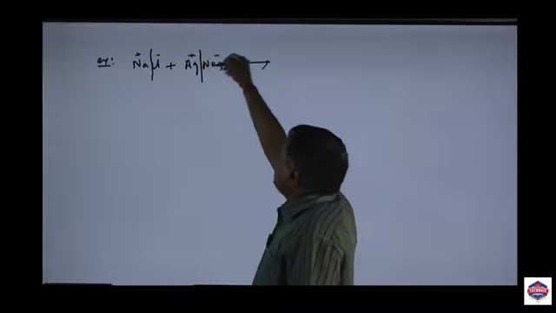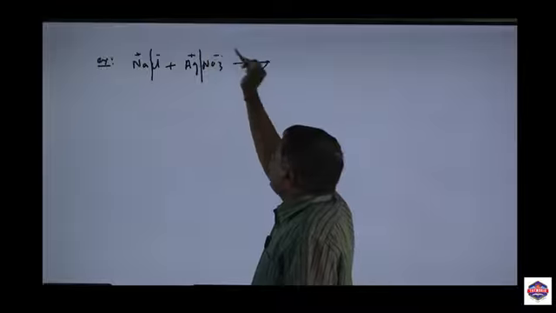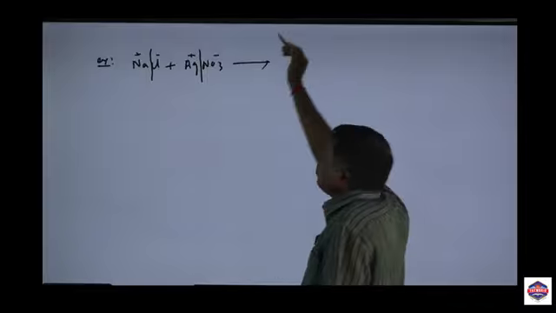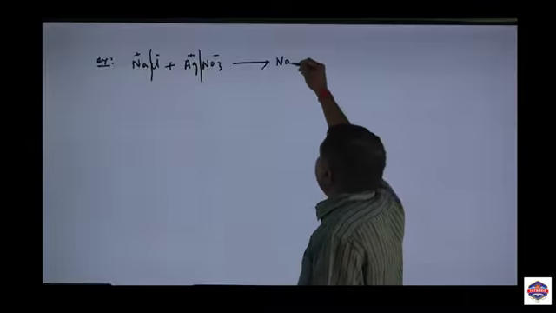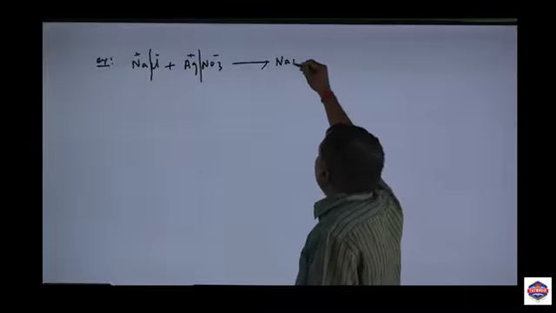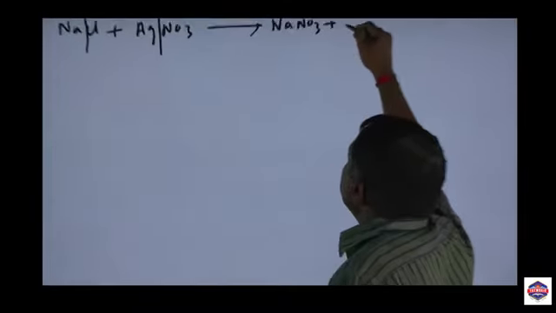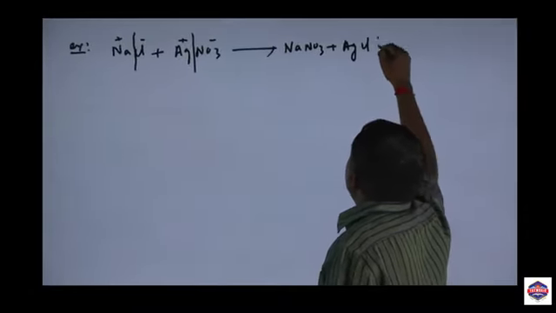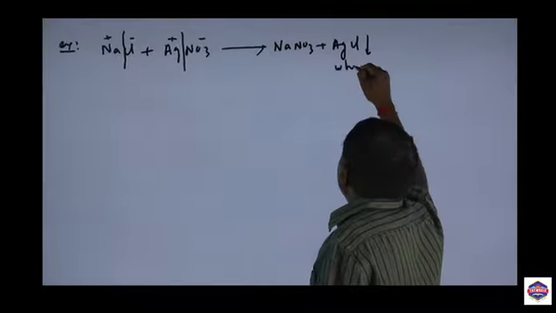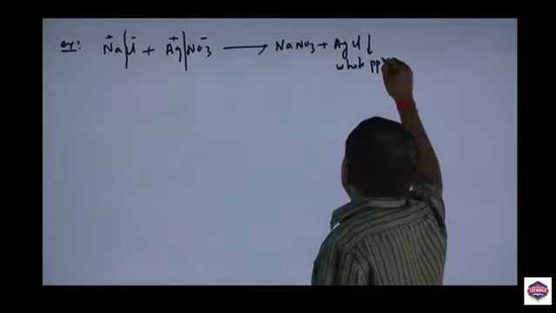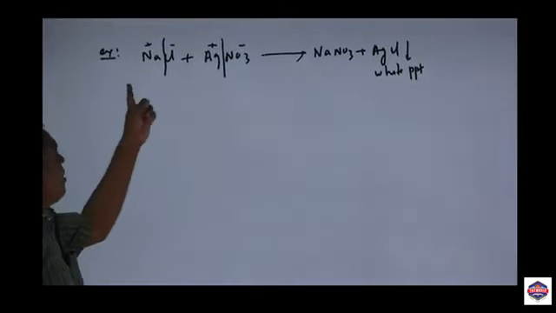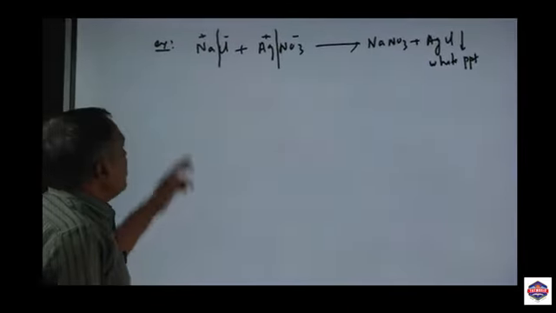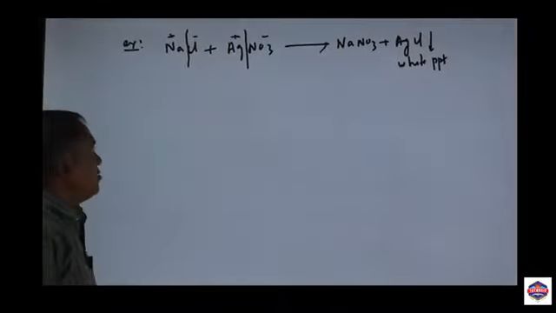That's why all these are already separated, and the reaction takes place within a fraction of a second. So you will get NaNO3 plus AgCl. AgCl is a white precipitate. That's why it is a very fast reaction. It is an ionic reaction and an example of a very fast reaction.